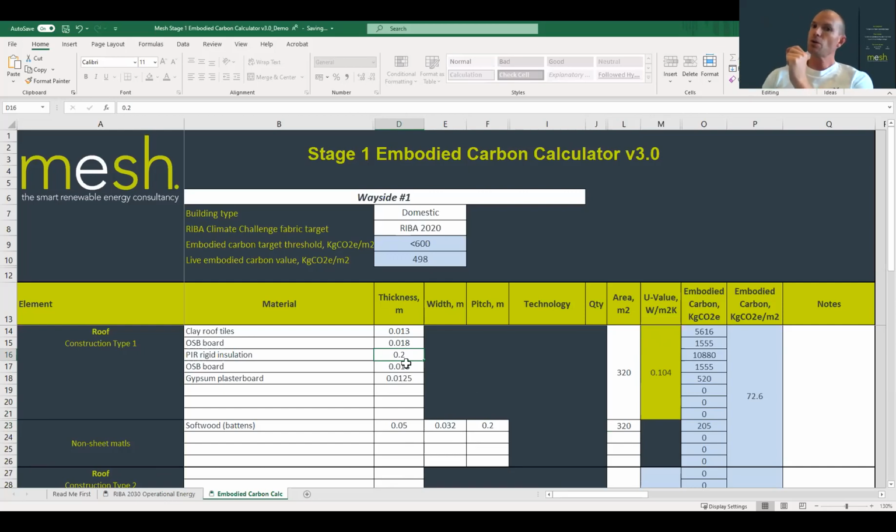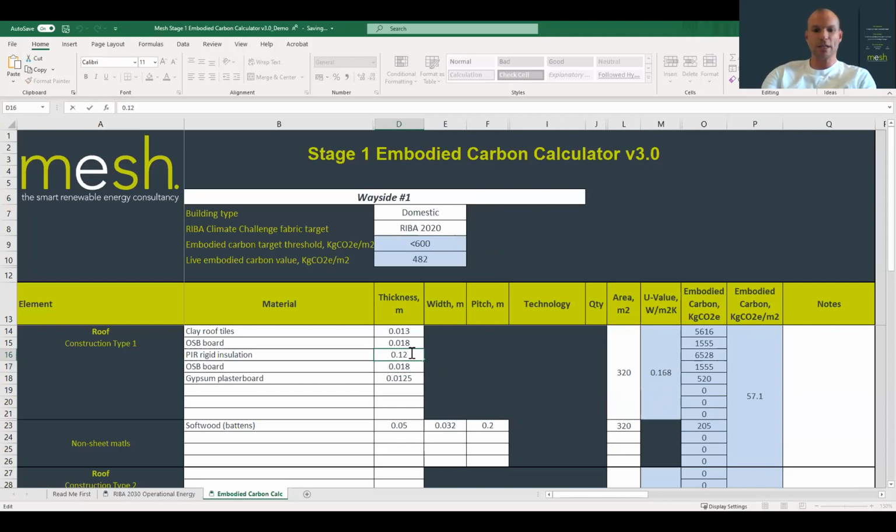But to make sure you're on the right kind of track here, what we've done, if I just change this PIR insulation value to 0.1, you've seen the cells turn blue again. And that's because we reckon the threshold for hitting the domestic RIBA 2020 target is around 0.18. So this is above 0.18 at the moment. So if you want to come in and say, maybe how thick do I need my PIR insulation to get there?